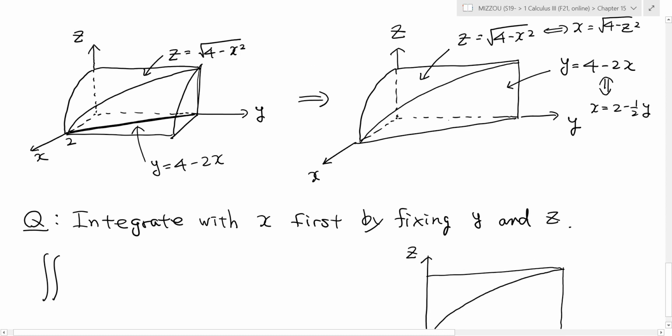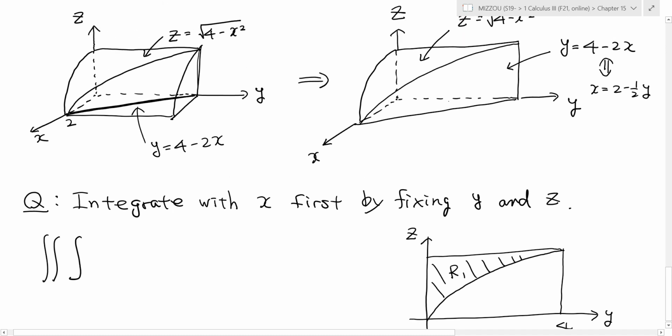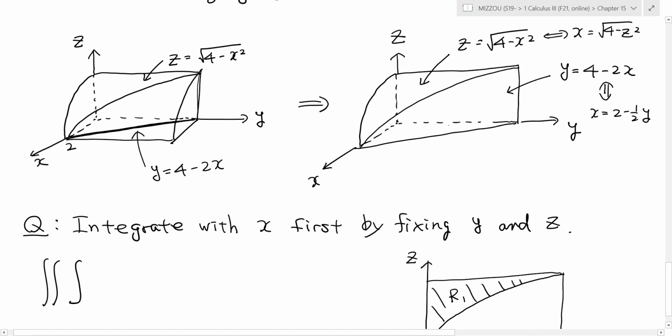And then, like I said, if you are in this region here, let's call this part R1. If you are on R1, for each fixed y and z, your x is from 0 to root 4 minus z squared, and then whatever the integrand is, and then dx.